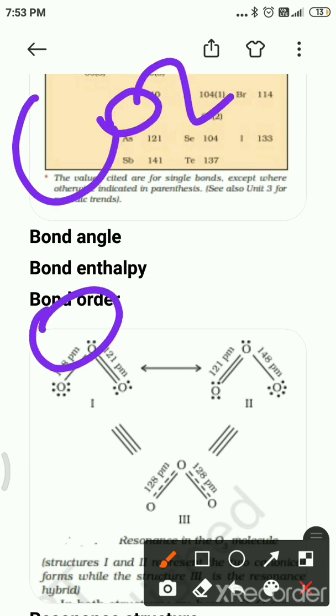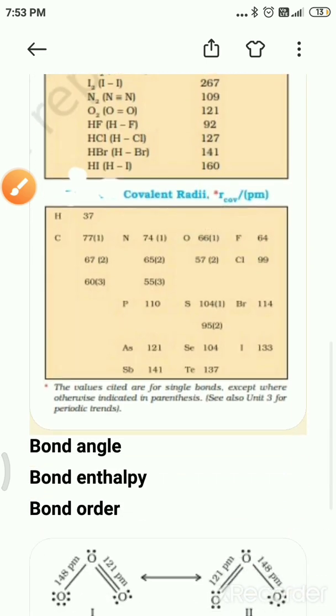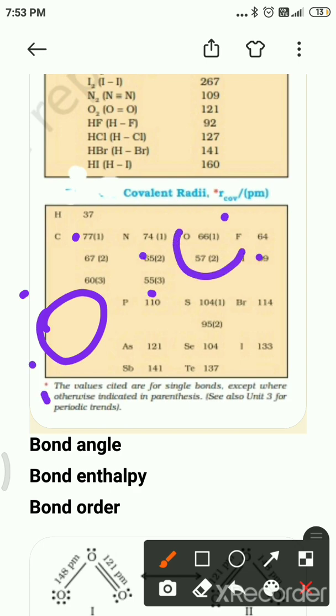See, the first one is O having all 8 electrons, O double bond C double bond O. This is the first structure.